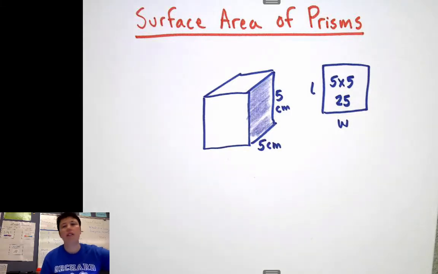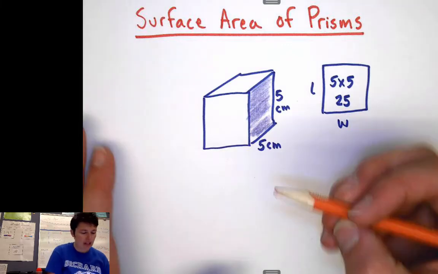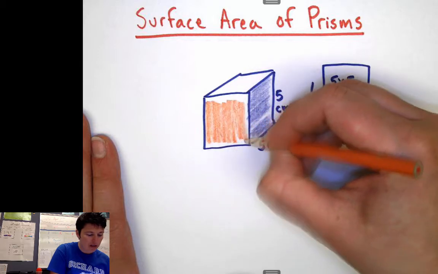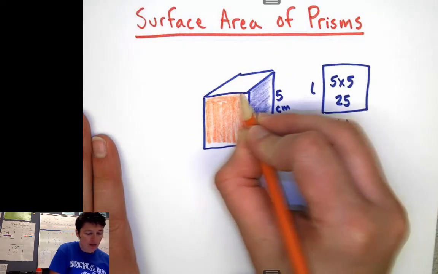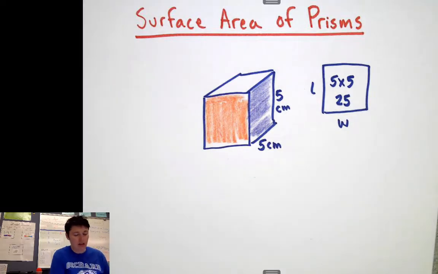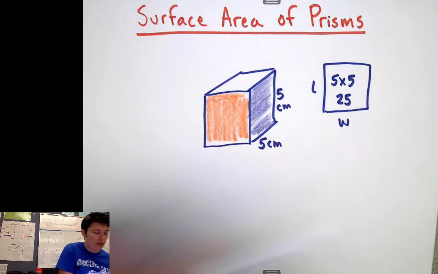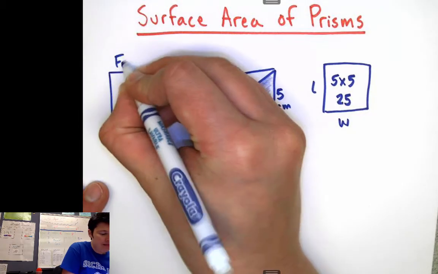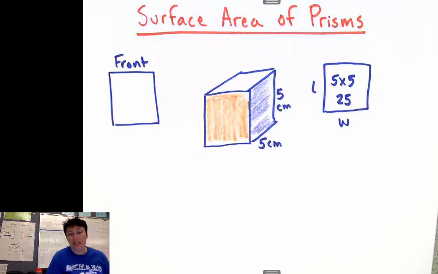So now I pick a different colored pencil and I say, okay, well now I did that face. So now I'm going to do this face in the front. Here's the front. The front I'm coloring in orange. I'm going to write that down maybe over here on this side. So the front looks like this. And the front has the same measurements.